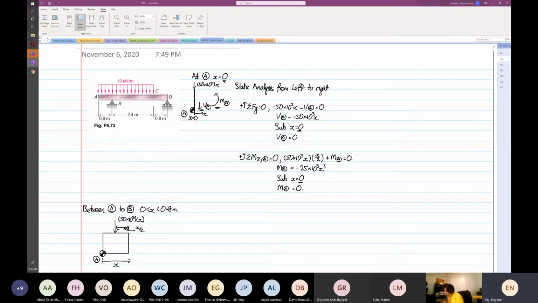Okay. So let's say now we have a beam. You guys have seen this before. Only thing is it's a function of x. So if we have a beam, the beam is simply supported, and then I have an evenly distributed load.